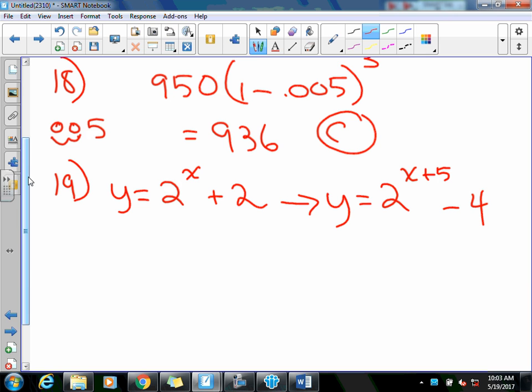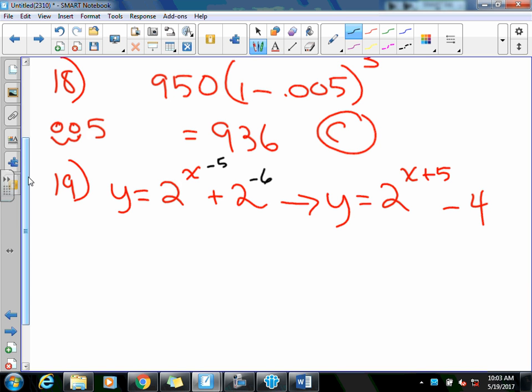Two things have changed: the exponent and this number here. It looks like we subtracted 5, and to go from 2 to negative 4, what can I add or subtract from 2 to get negative 4? Yes, 2 minus 6 is negative 4.